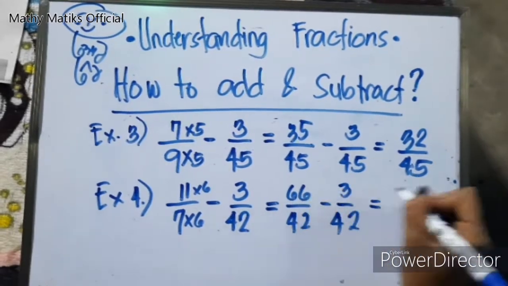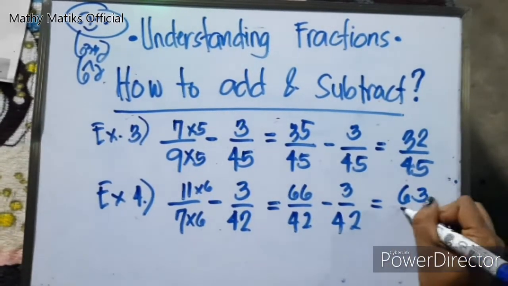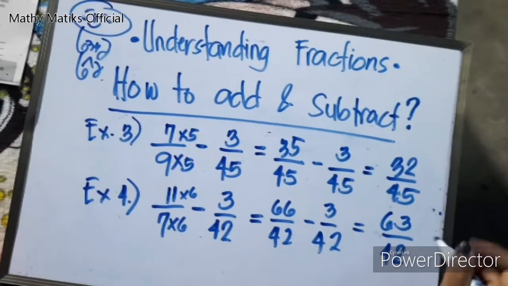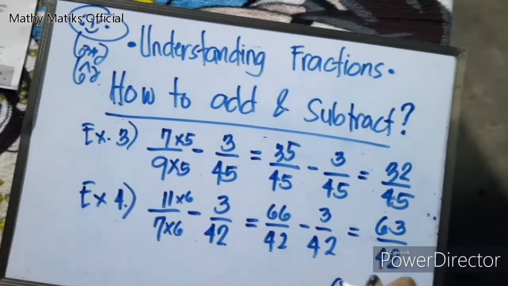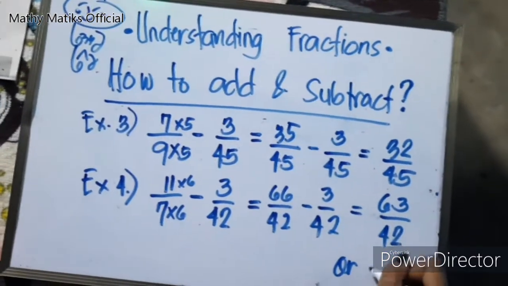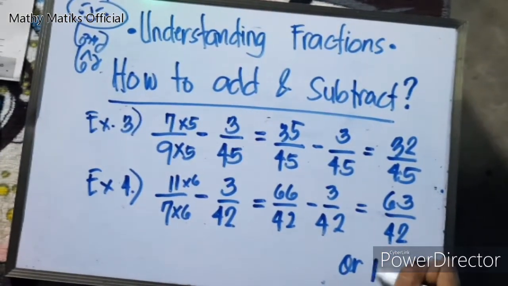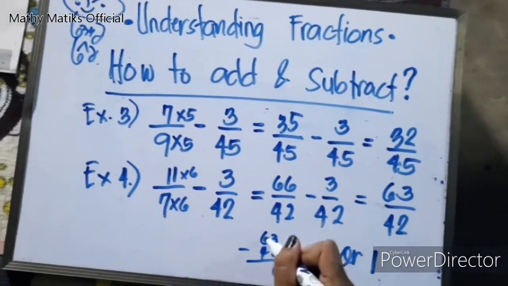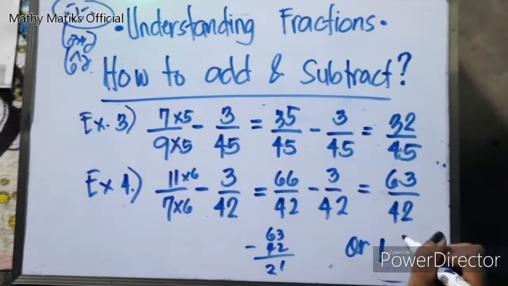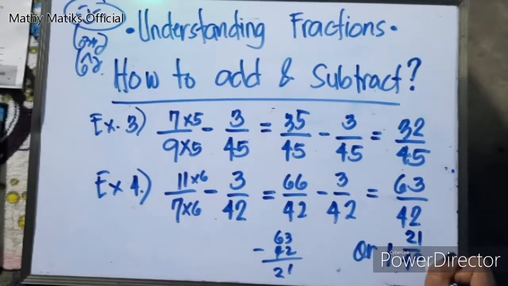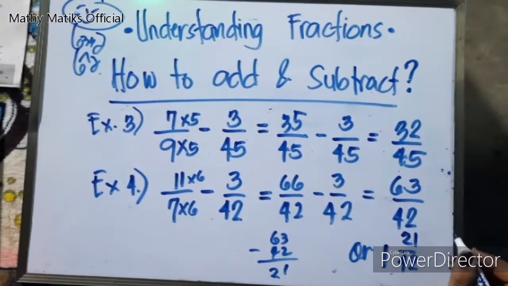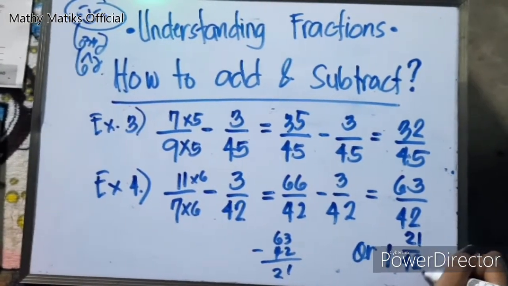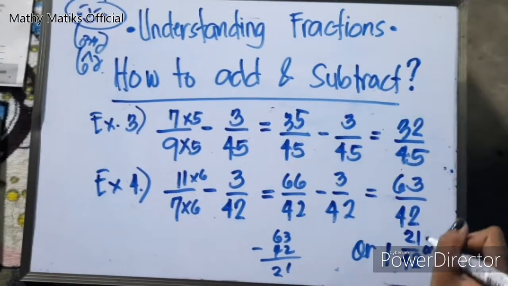So I have here 63 over 42. We can change this since our fraction is improper. We can divide 63 by 42. That is 1, and 63 minus 42 leaves 21 over 42. But still, 21 and 42 can be simplified to the smallest number. 21 divided by 21 is 1 and 42 divided by 21 is 2. So our answer is 1 and 1/2.